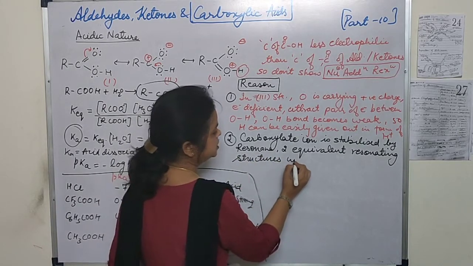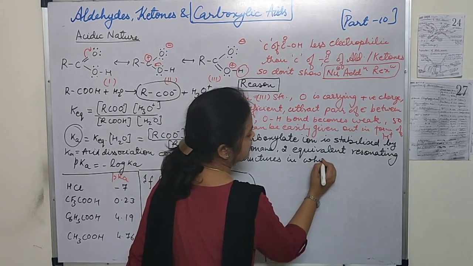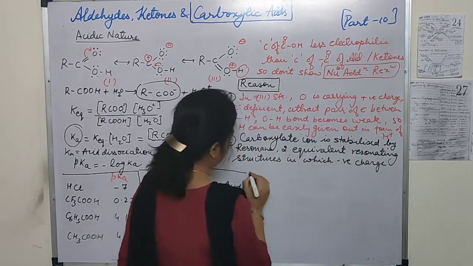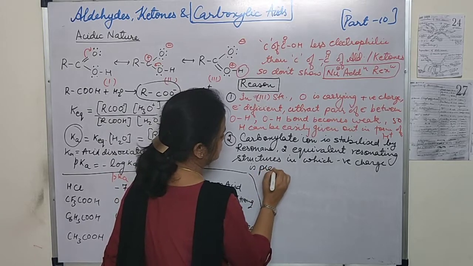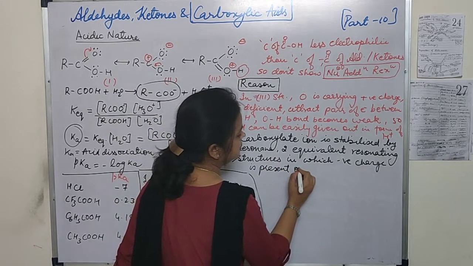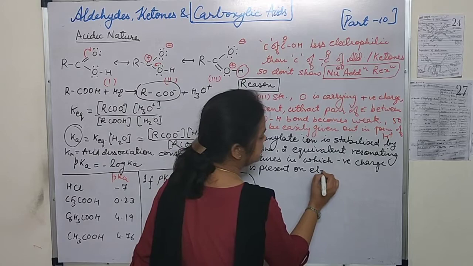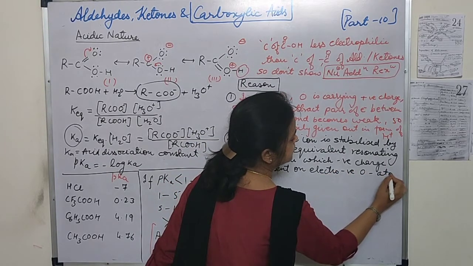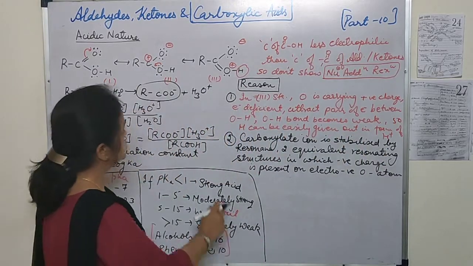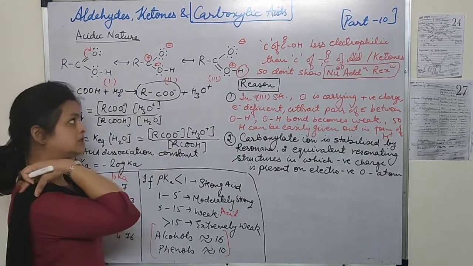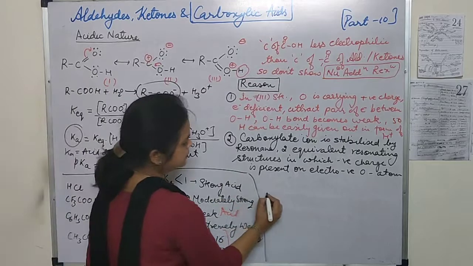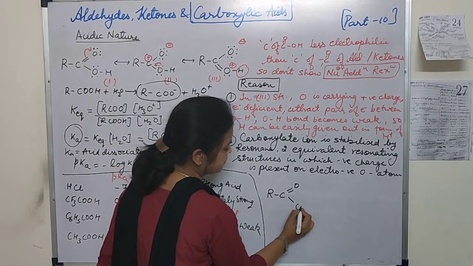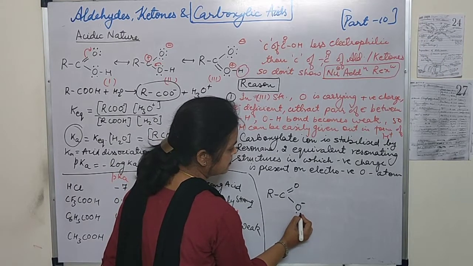in which negative charge is present on the electronegative oxygen atom. Now let's draw the structure of this carboxylate ion, RCOO negative.